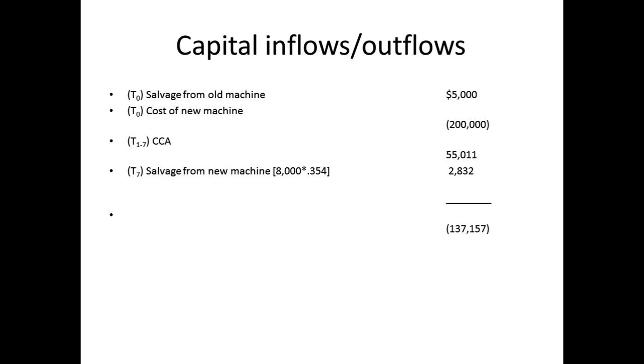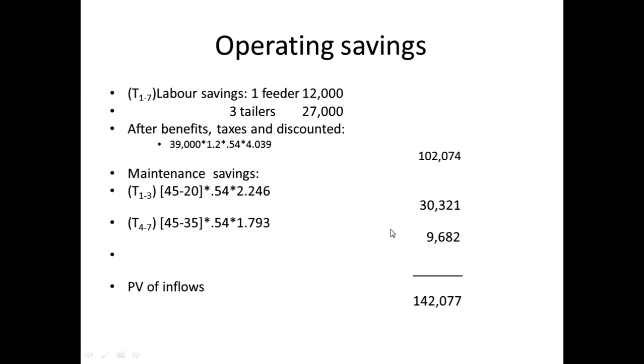The salvage from the sale of the old machine is included as it was in the first example at $5,000, and the salvage from the sale of the new machine, which has a value of $8,000 at the end of 7 years, is again a higher amount, given the greater value of the machine.